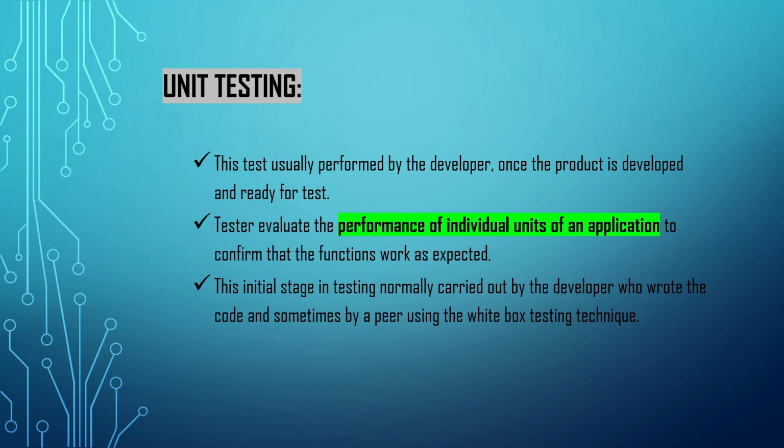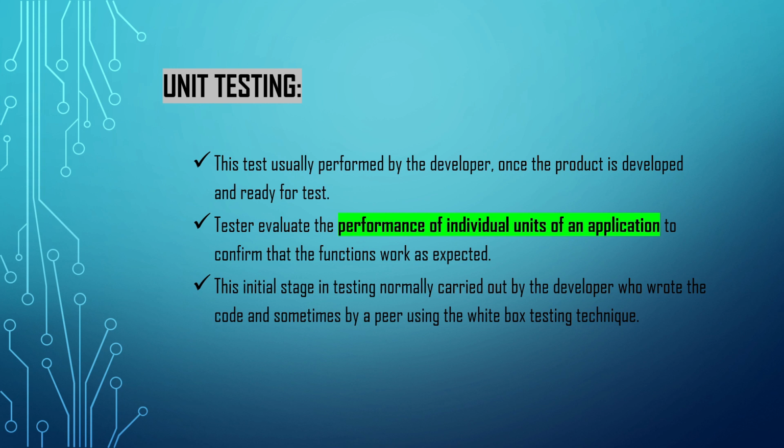When you go through all the requirements, maybe you create 200 scenarios, and from those 200 scenarios you create 2000 test cases. But as part of unit testing, you do not need to go through each and every test case. This is just to evaluate the performance of the individual unit of the application, to confirm whether the function is working as expected or not.